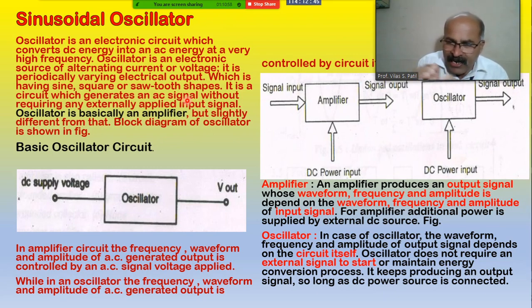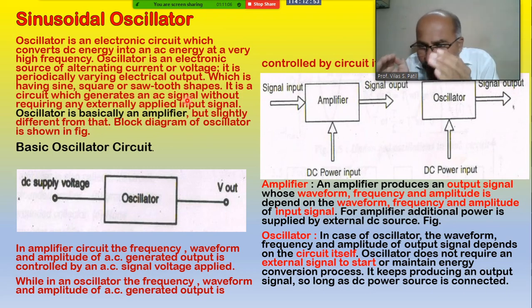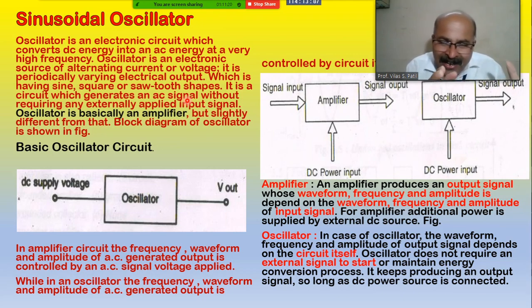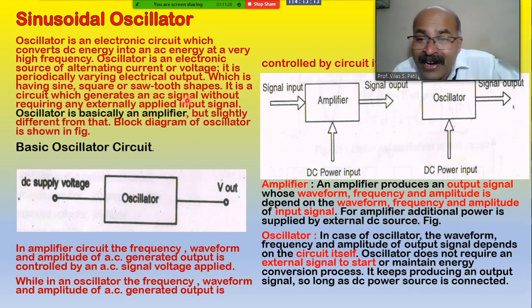Basically oscillator is an amplifier. Means that one part of oscillator is the amplifier. Not any amplifier will work as the oscillator. Basically, oscillator is basically an amplifier, but an amplifier does not work as the oscillator.